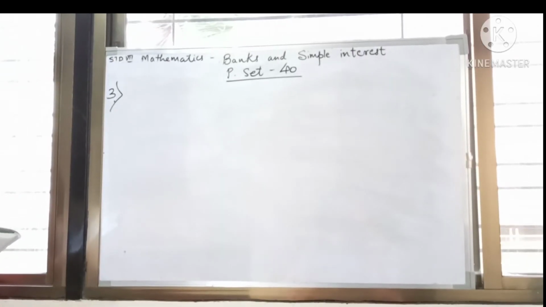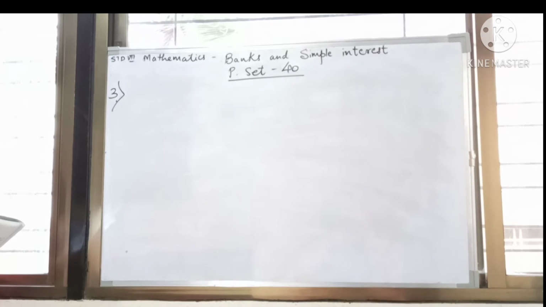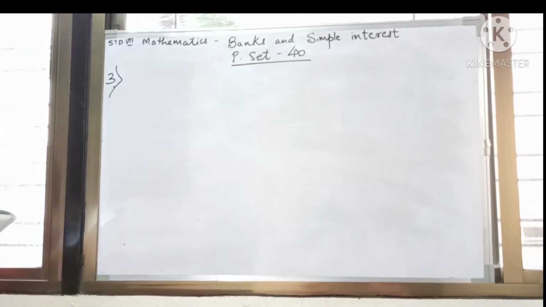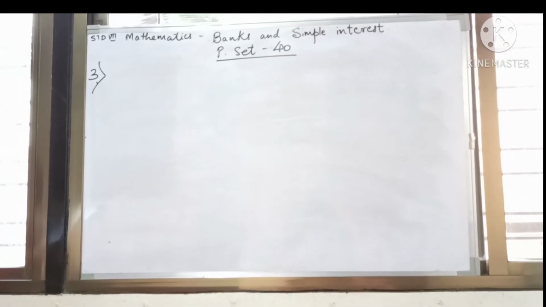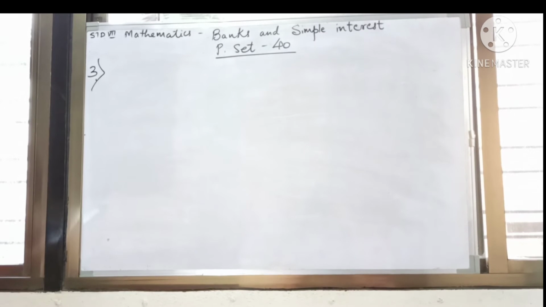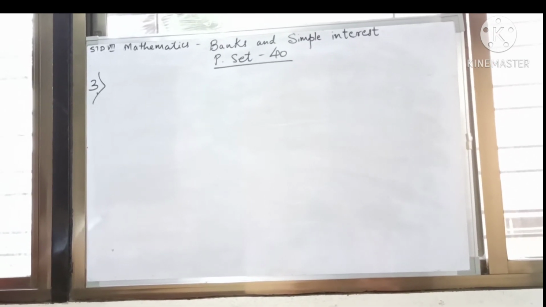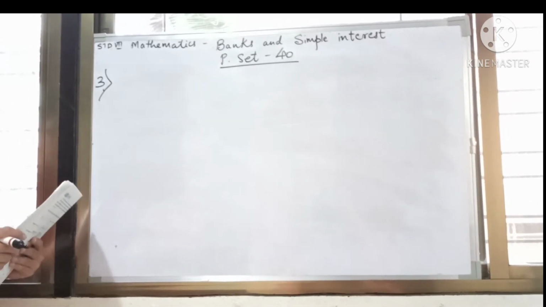Next sum, I will read it, the fourth one from the exercise. At a certain rate of interest, the interest after 4 years on 5,000 rupees principal is 1,200. What would be the interest on 15,000 rupees at the same rate of interest for the same period? So first of all, what is given to us that we will write down.